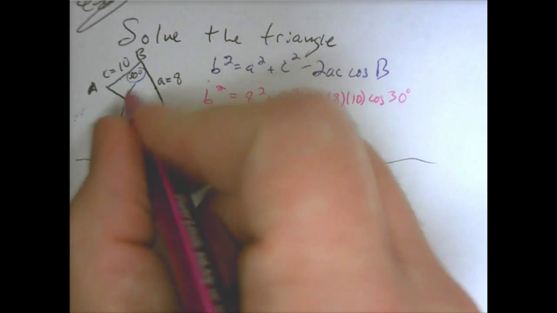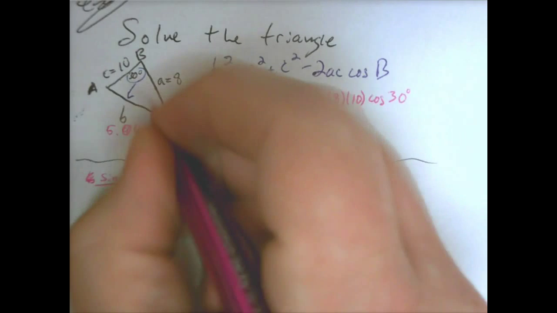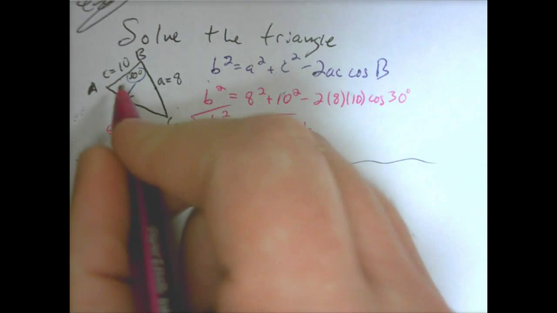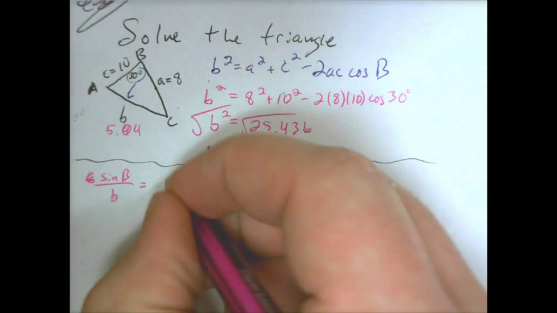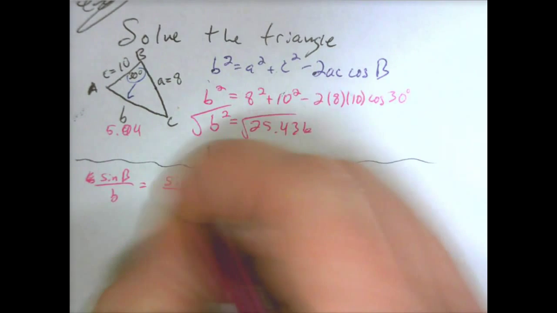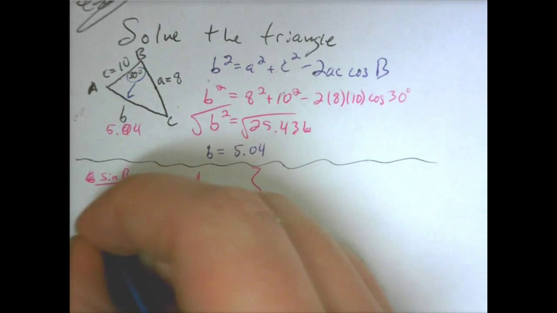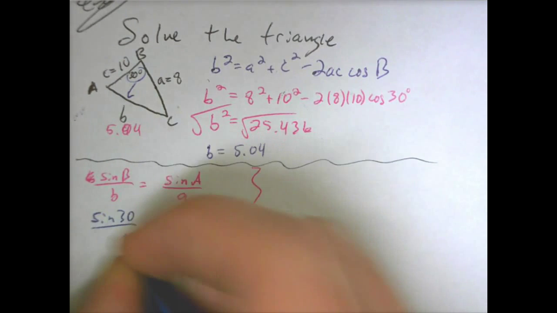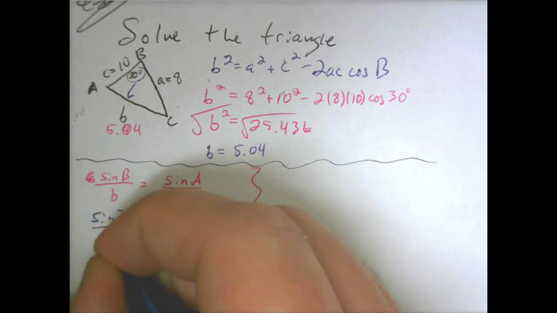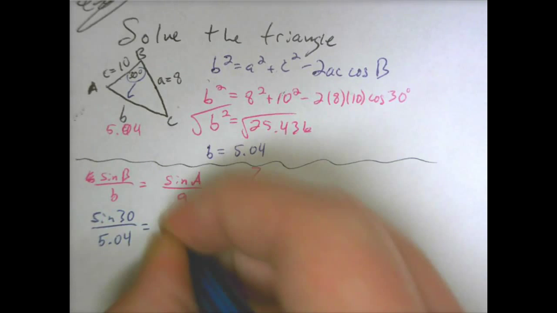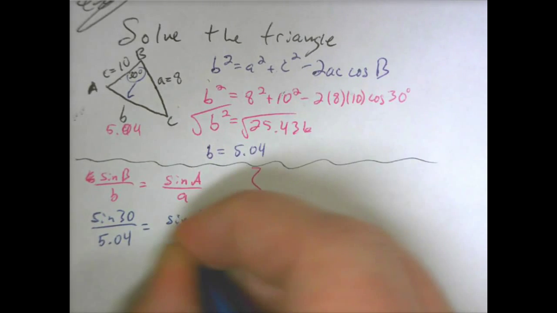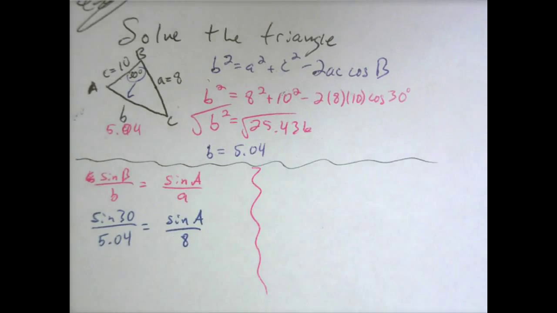Right. So C would be my largest angle because it's across from my largest side. So A is a little bit smaller, so I will find sine A over a. It's just a matter of plugging in numbers. Sine of 30 degrees over 5.04 equals sine A over a, which is 8.